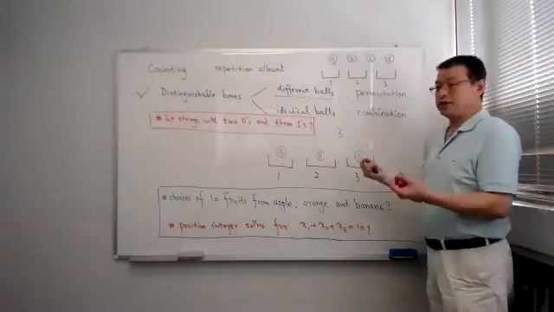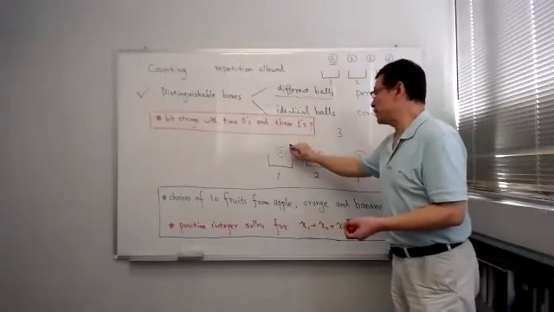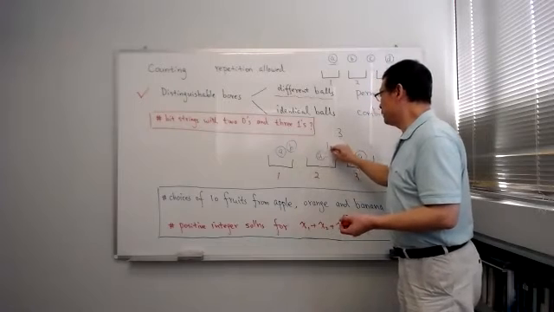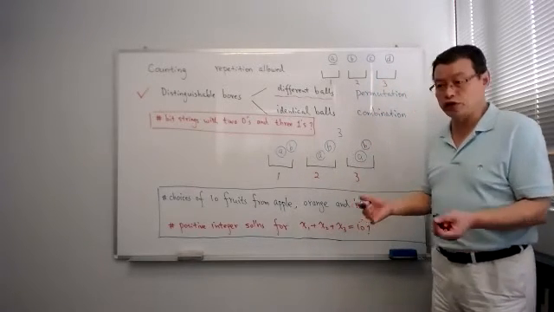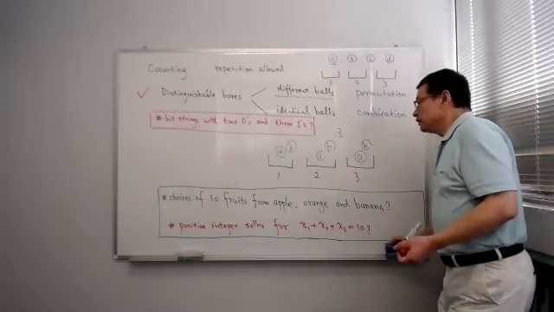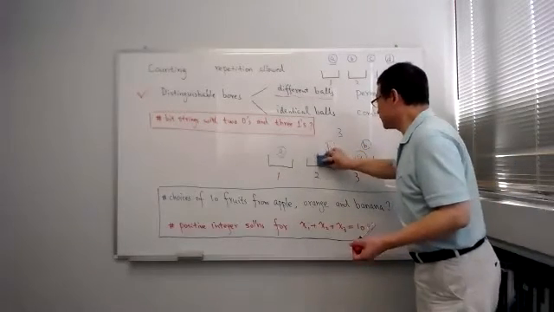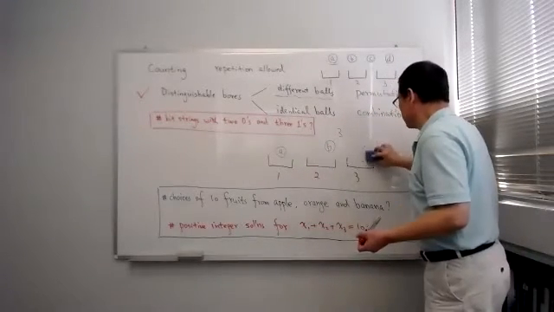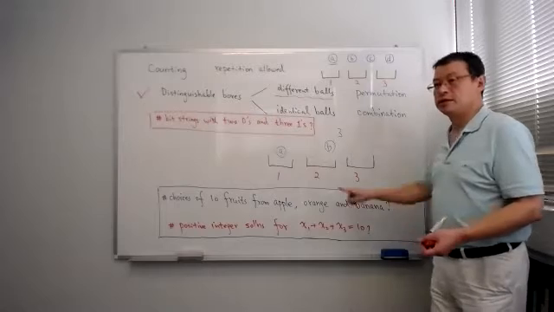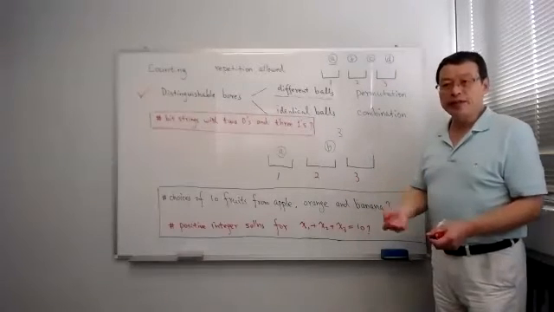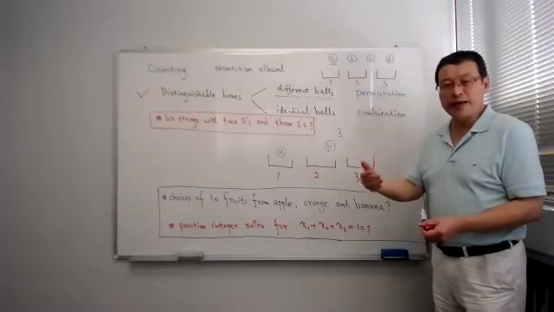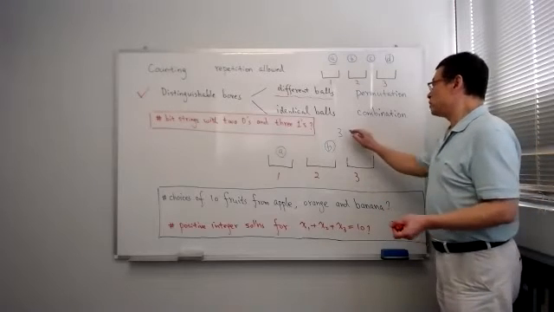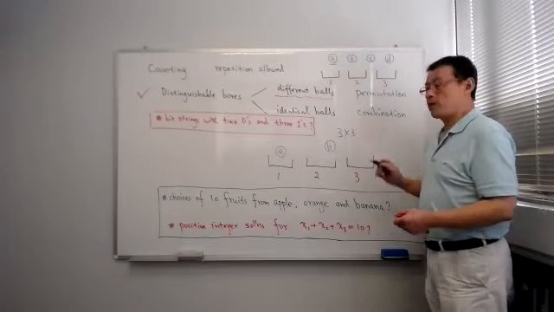Similarly for B, there are 3 different choices. I can put B here, or here, or here. Each will give a different situation. For example, that will be one result by putting A and B. So by the multiplication rule, it will be 3 times 3.